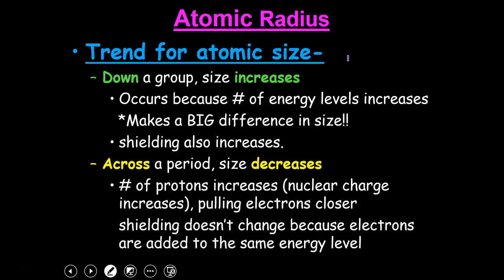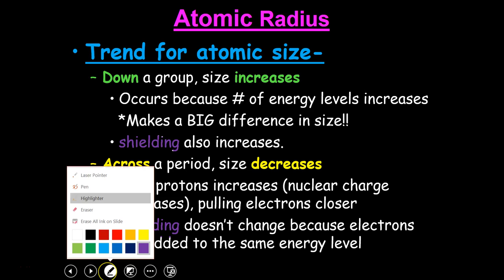As you go right, you've got this thing called shielding going on. It happens when you're going down, but it doesn't really affect it as much as when you're going across. It's because of shielding that the atom is getting smaller.